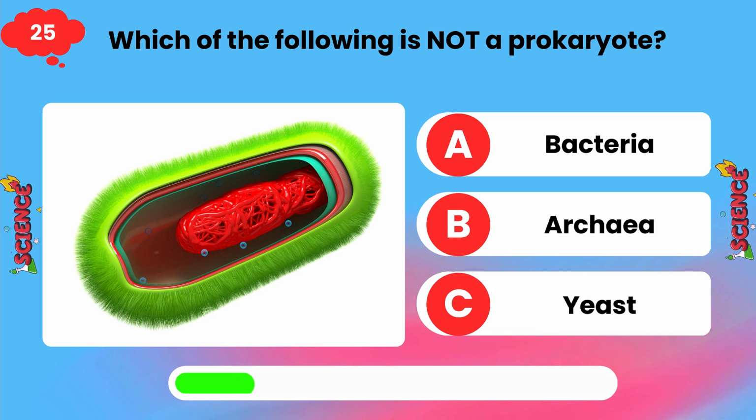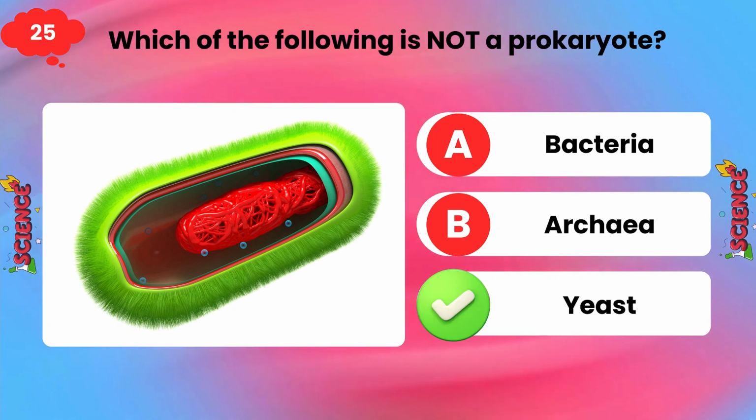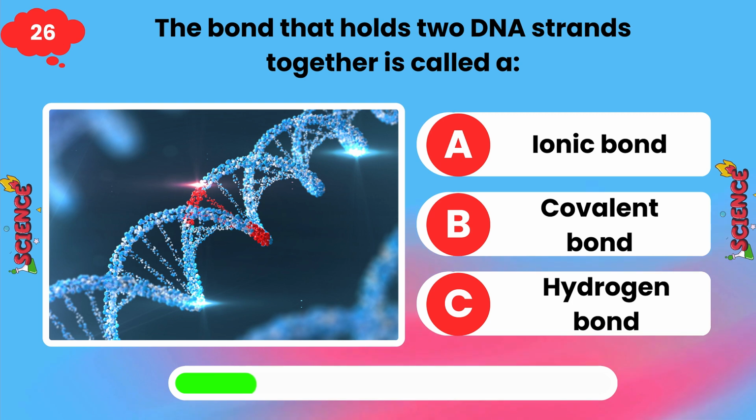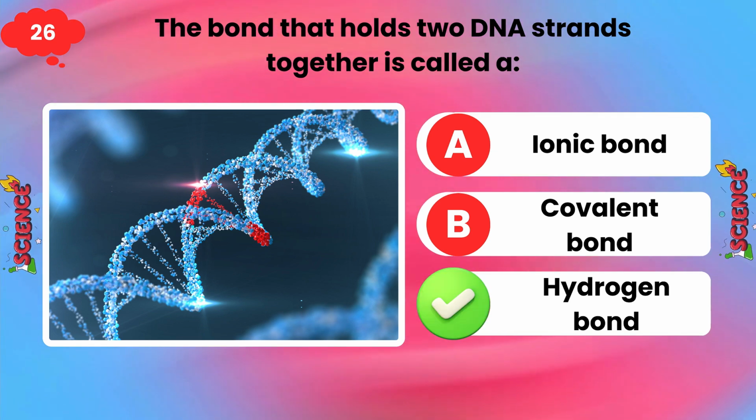Which of the following is not a prokaryote? Yeast. The bond that holds two DNA strands together is called a hydrogen bond.